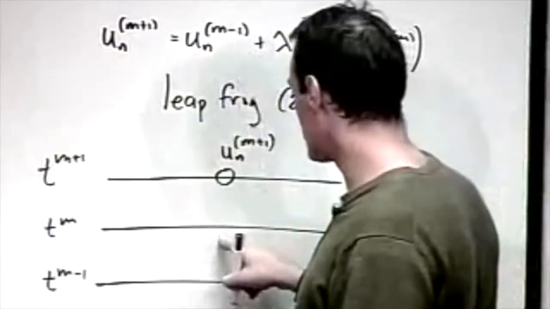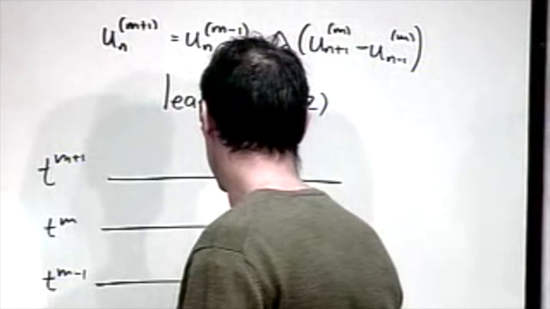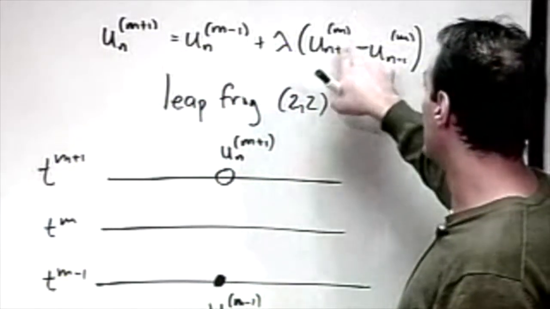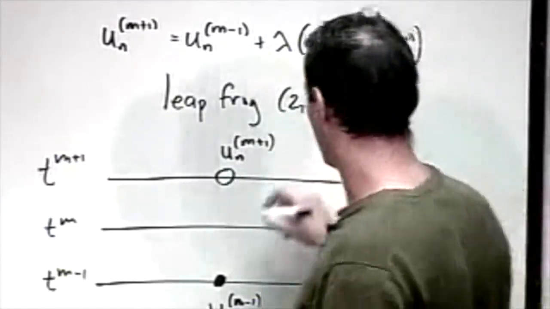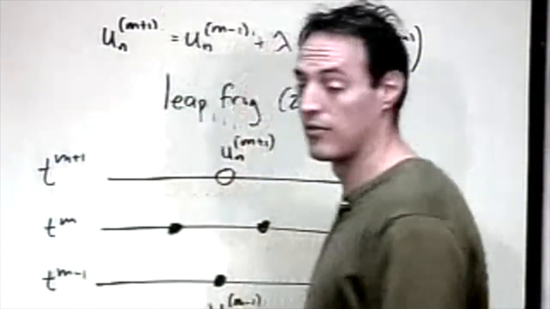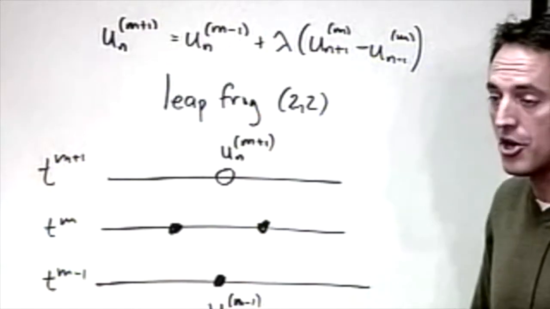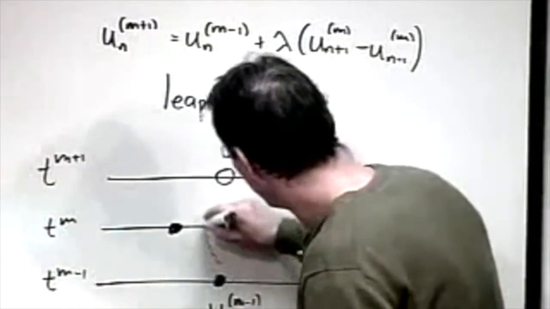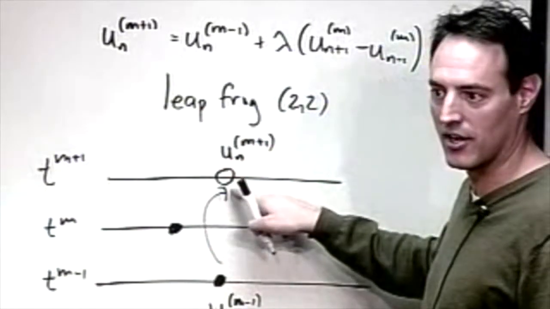So not the current time, but one in the past. Then the current time with 2 points on the side. So here and here. So it's a different stencil. Still a 4-point stencil. But notice, when you update your future, essentially this leapfrogs over to here.